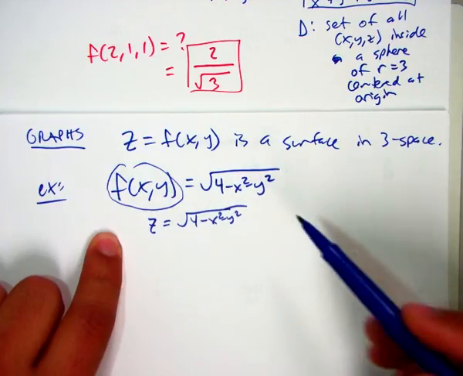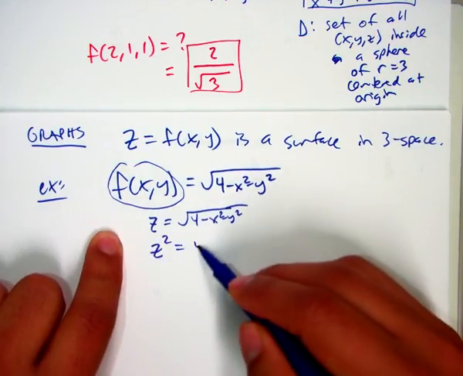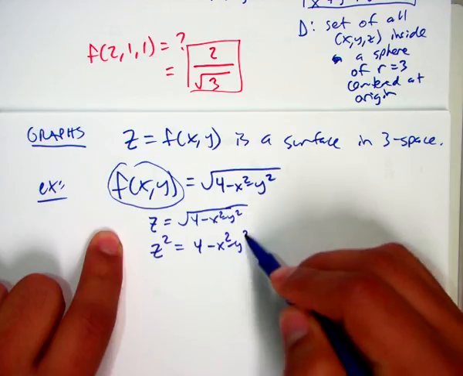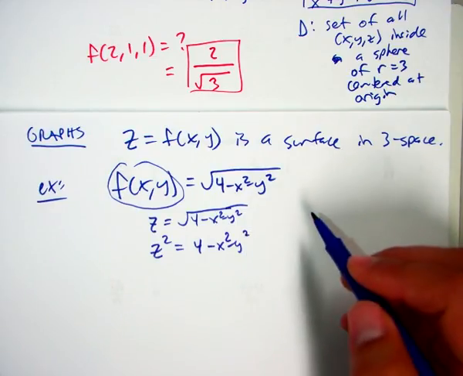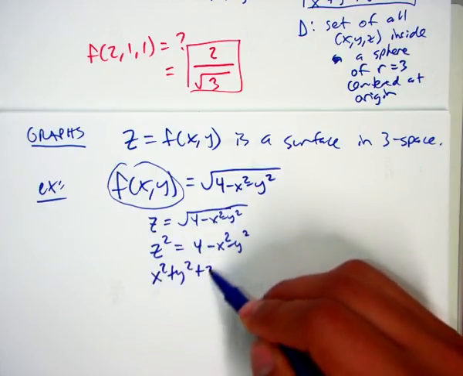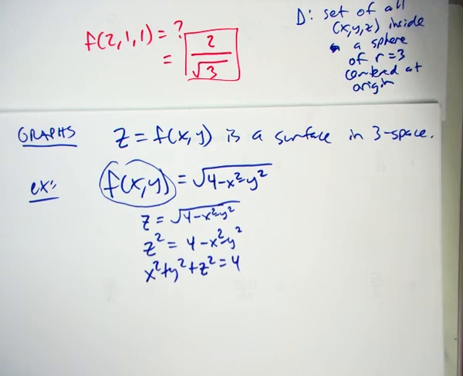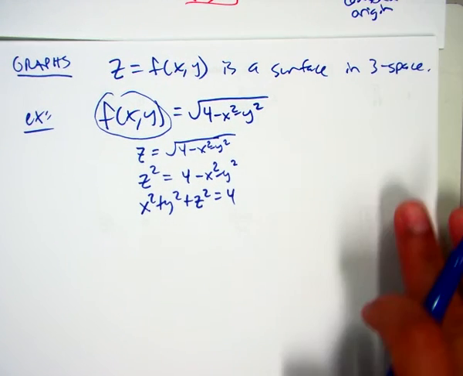And if it still doesn't look familiar, manipulate it, try to get it to look like something that we've seen before. Maybe you square both sides. And if we move some stuff around, look familiar yet? What is this? It's a sphere.